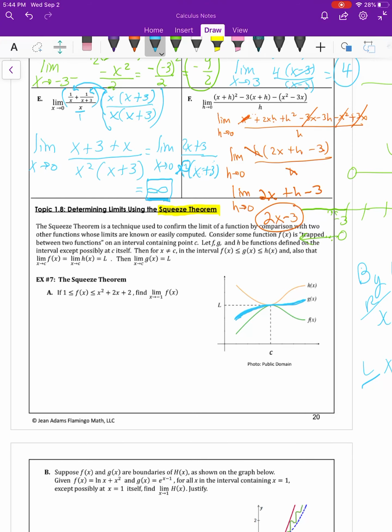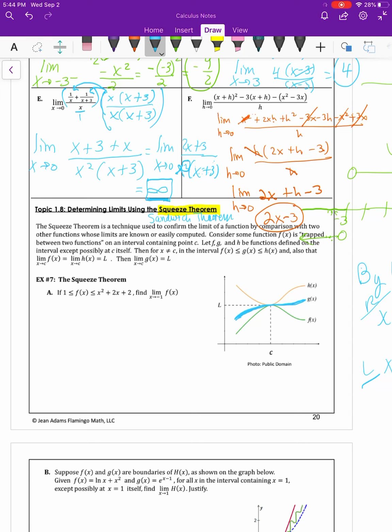And sometimes you have to think about, well, it lies between these two other functions. And look, as it approaches c, they all approach the same value because g of x is in between those. It's sandwiched between them. Sometimes the squeeze theorem is called the sandwich theorem. So if you see the sandwich theorem, that is going to be the same thing as the squeeze theorem.